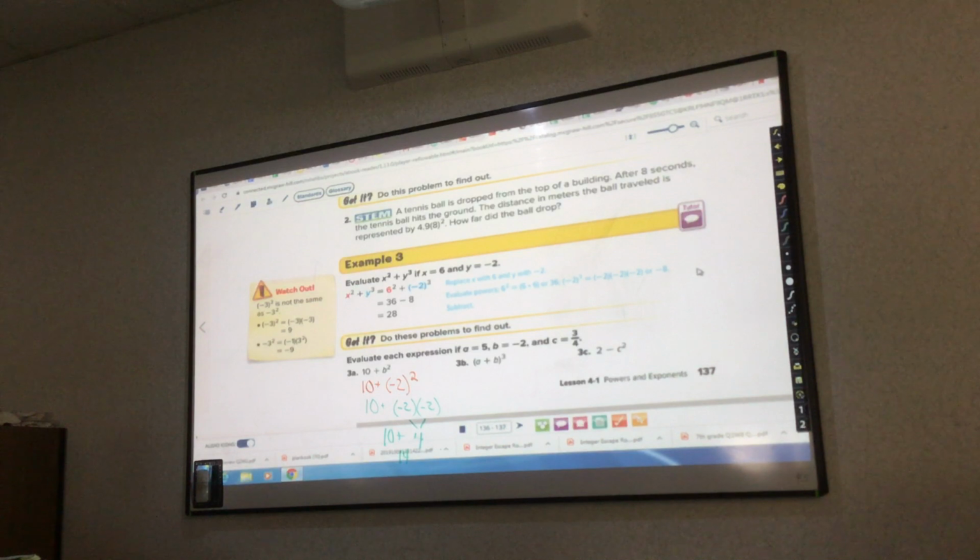I need to see line for line for line. Some of you are trying to take shortcuts and you cannot take a shortcut.